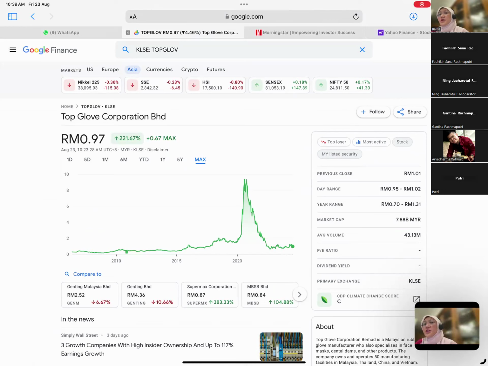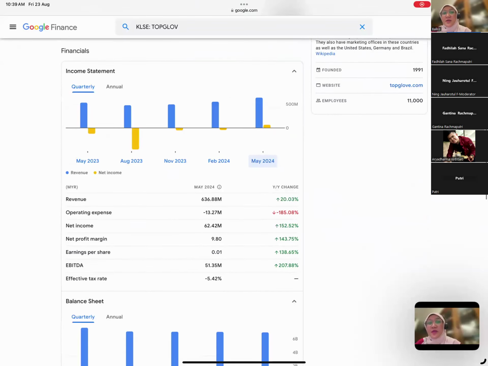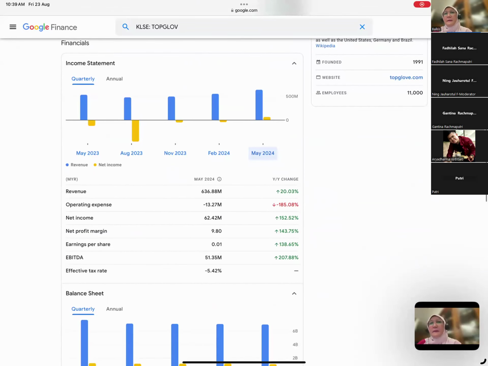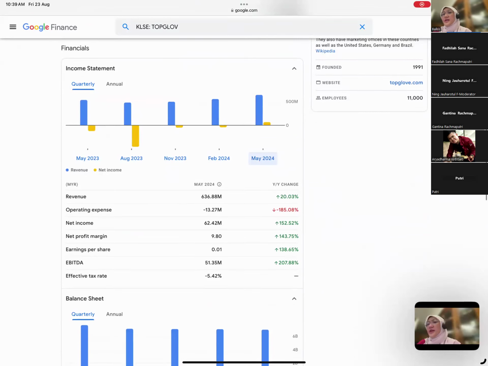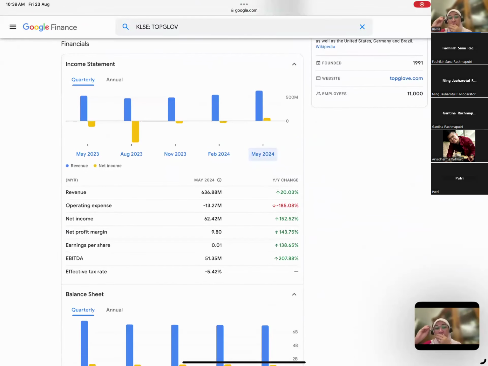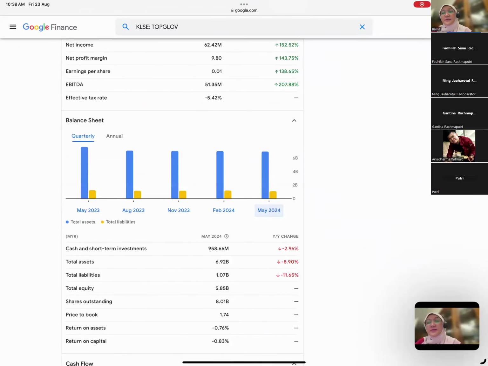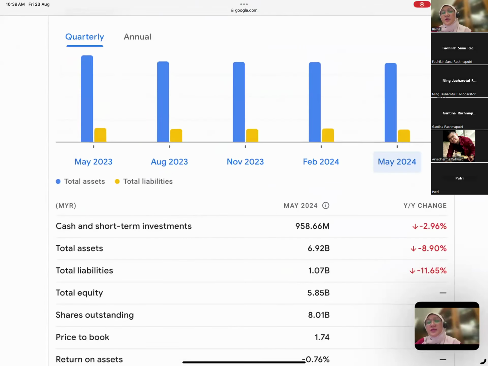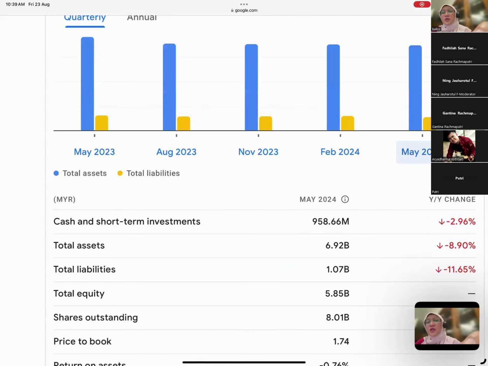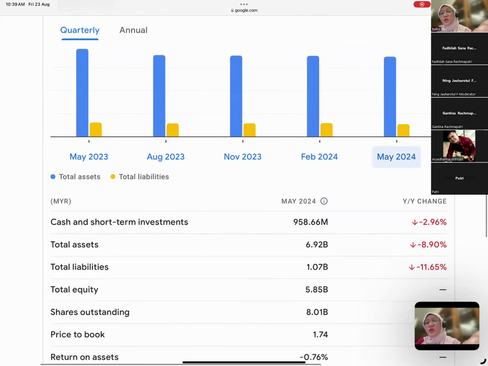So there are 4 ratios that we normally look at when we want to measure the company performance. Here, under Google Finance, it gives us all the data from the financial statement. For example, total asset, or total liabilities, total equities.